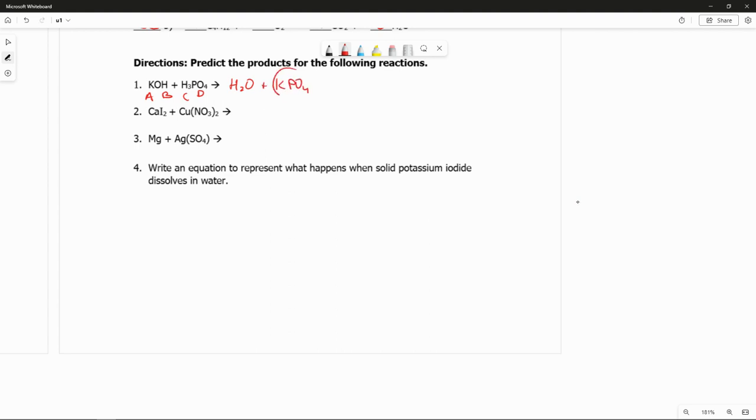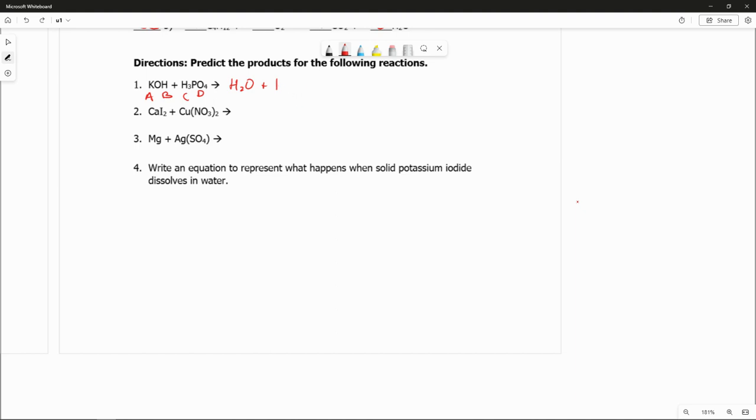KPO4. When we write these, we have to be careful because this is not balanced. PO4, if you look on the common ions with charges on the back of your periodic table, PO4 has a 3 minus charge, but K only has a 1 plus charge. Therefore, we need 3.